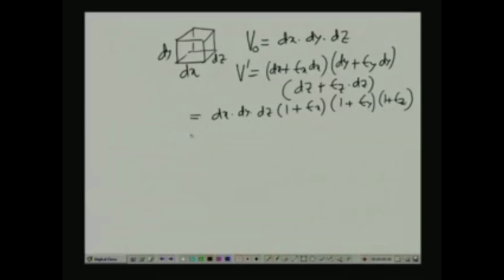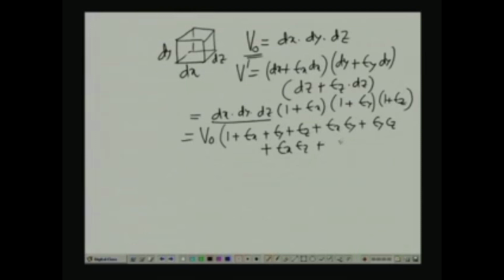If we expand this, dx dy dz as we have seen is the initial volume V0, times 1 plus epsilon x plus epsilon y plus epsilon z plus epsilon x epsilon y plus epsilon y epsilon z plus epsilon x epsilon z plus epsilon x epsilon y epsilon z.